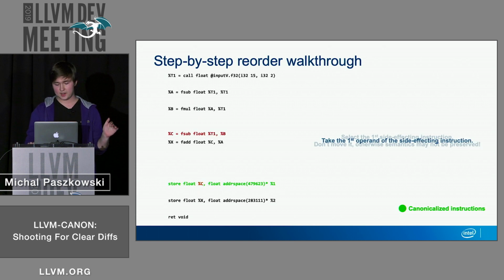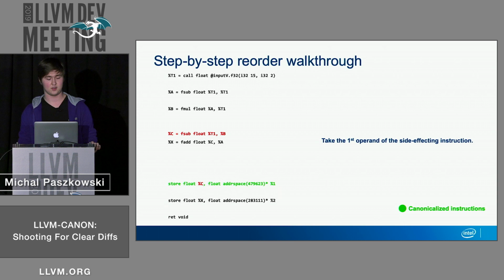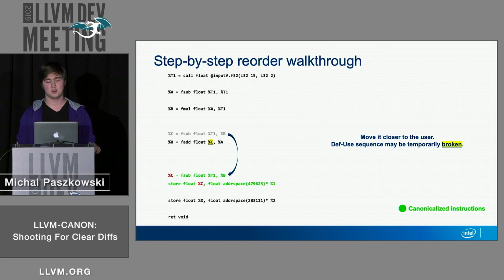We select the first operand of that side effecting instruction, which is instruction C, and we simply move it closer to the user. You may see that the def-use sequence is now broken for the C operand in the instruction X. But that's just temporary, so trust me, it will get fixed in a moment.